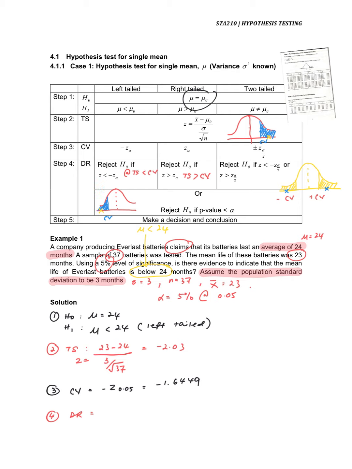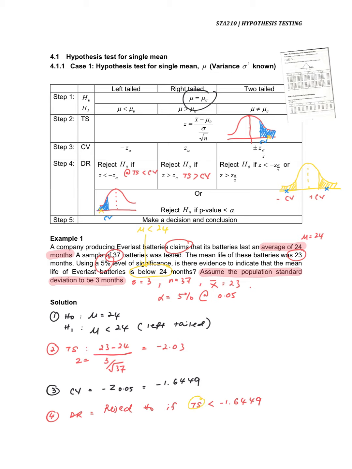Okay, you can write as reject H0 if test statistic, our test statistic is negative 2.03. Test statistic less than negative 1.6449. Okay, ni yang saya cakap tadi tu.